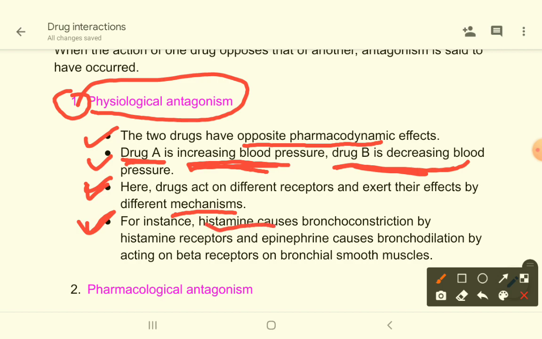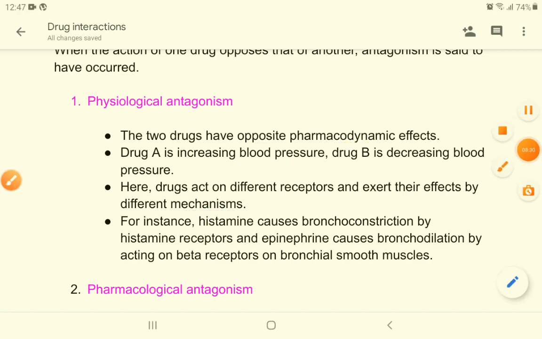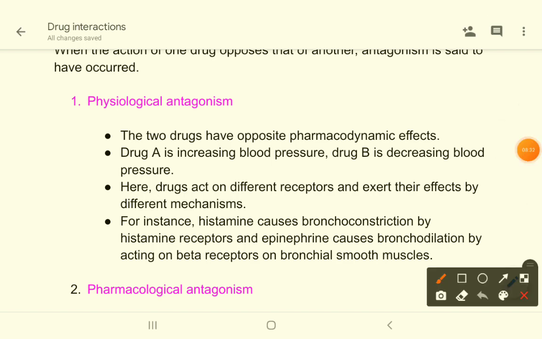Take an example, histamine. Histamine is a substance or chemical mediator, you can say, which causes bronchoconstriction by acting on histamine receptors. And epinephrine, which is a neurotransmitter or hormone, causes bronchodilation by acting on beta receptors on bronchial smooth muscles.